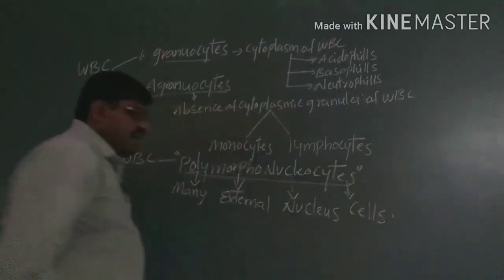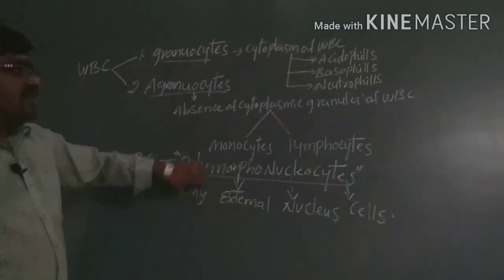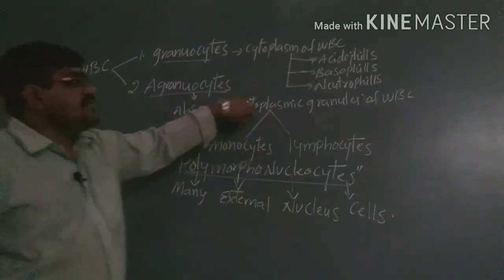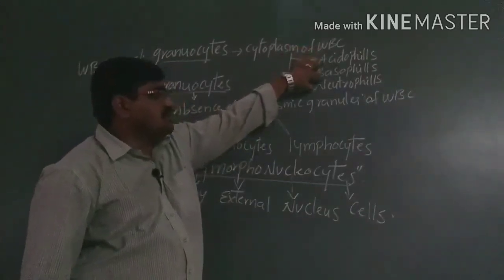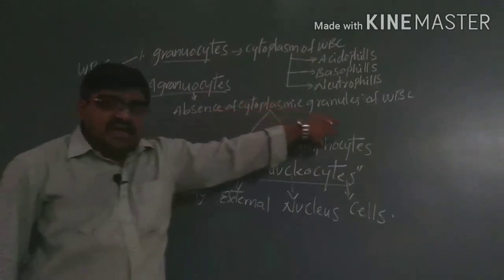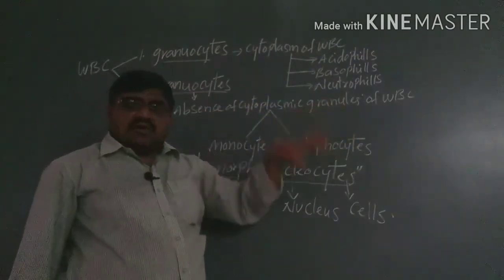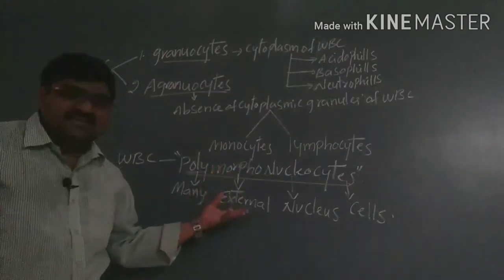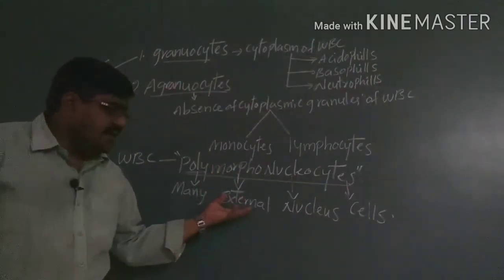Poly means many. There are five types of WBCs: acidophils, basophils, neutrophils, monocytes, and lymphocytes. Morpho means external, and nucleus.